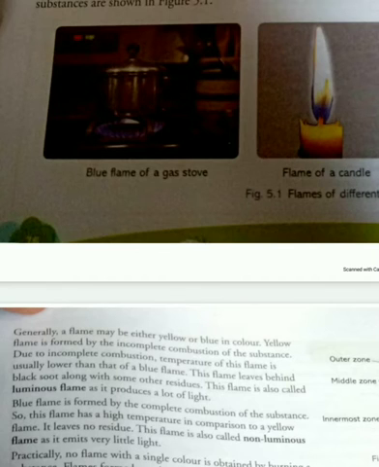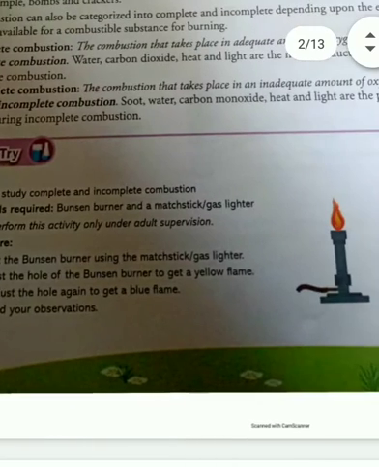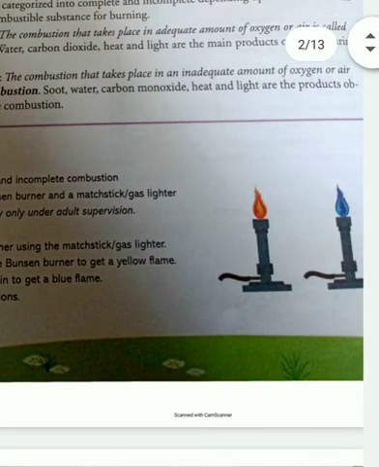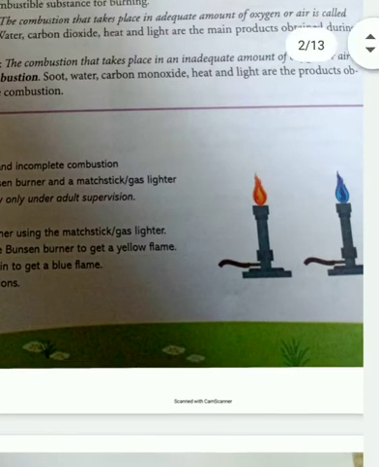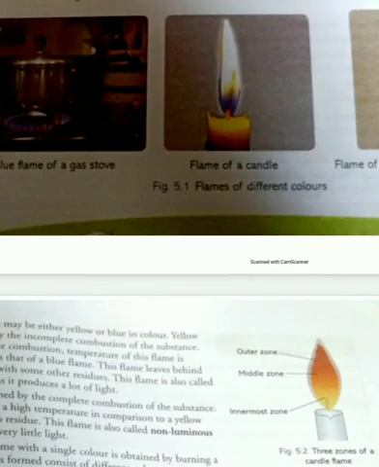A flame can be of different colors. Previously we have seen two types of flame, isn't it? The two types were reddish orange flame and blue flame.